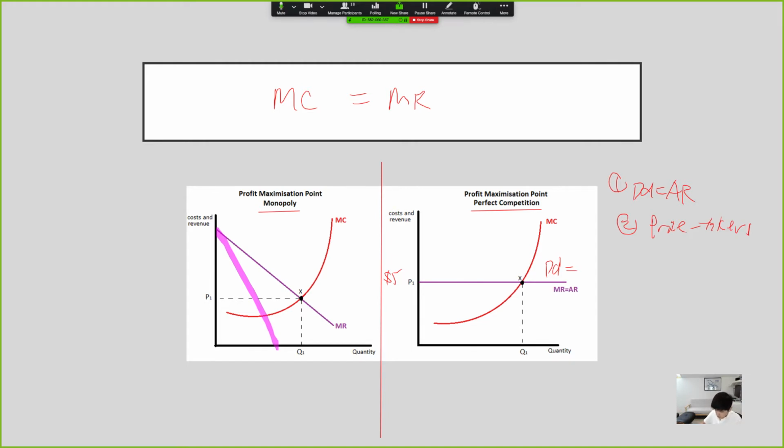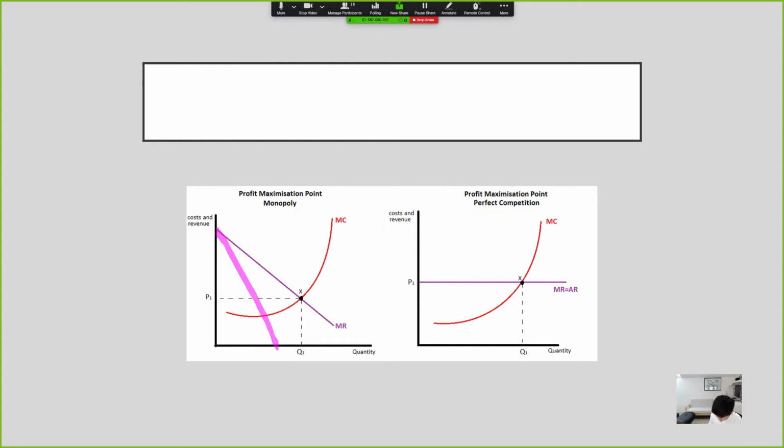Okay, and then your MC curve looks like this, and then for your monopoly, I'm going to write this down so that you're clear. Your PC firm, your monopoly, your oligopoly, means we can say all other firms.